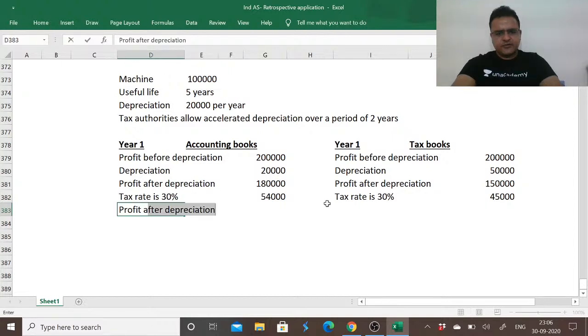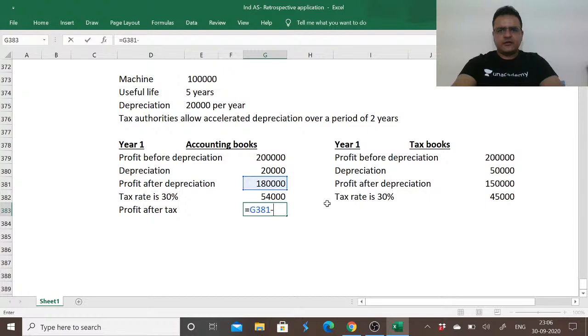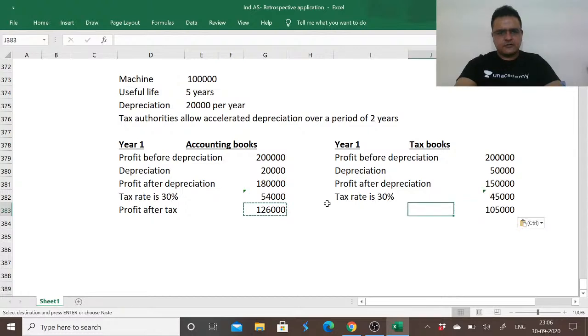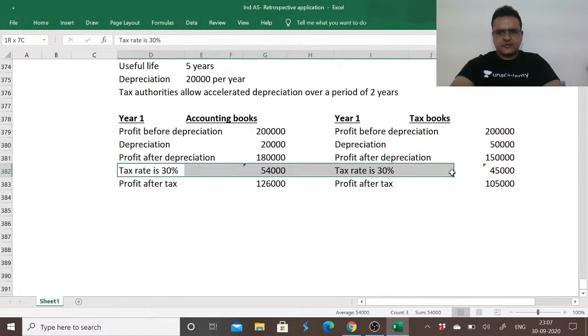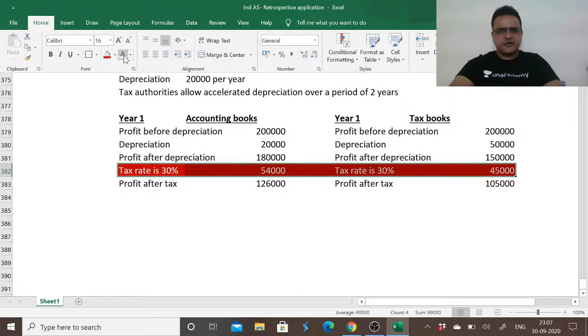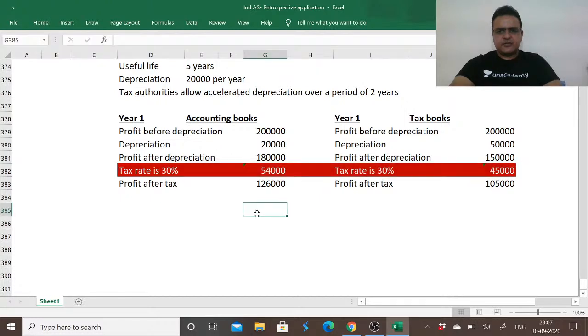So profit after tax equals 1,80,000 minus 54,000. If we look at the difference, the tax expense calculated by us is 54,000, and by tax authorities it is 45,000.